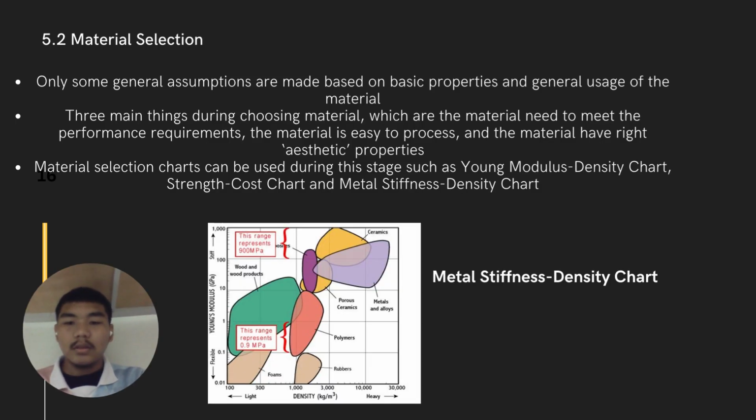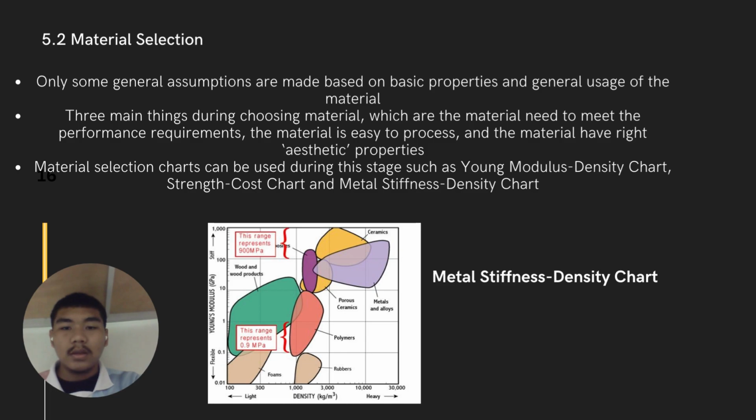So, the next thing I'm going to talk about is material selection. In this section, only some general assumptions are made based on basic properties and general usage of the material. There are three main things to consider when choosing material: the material needs to meet the performance requirements, the material is easy to process, and the material has the right aesthetic properties.